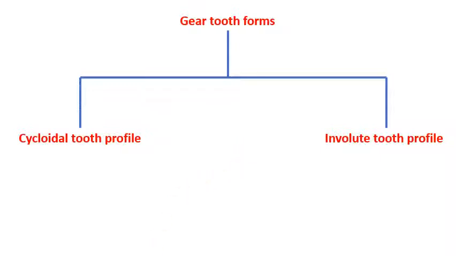In the first session of module 5, we explained what a tooth profile is. Suppose this is the tooth, so this is nothing but a tooth profile. This tooth profile is basically of two types: cycloidal tooth profile and involute tooth profile.